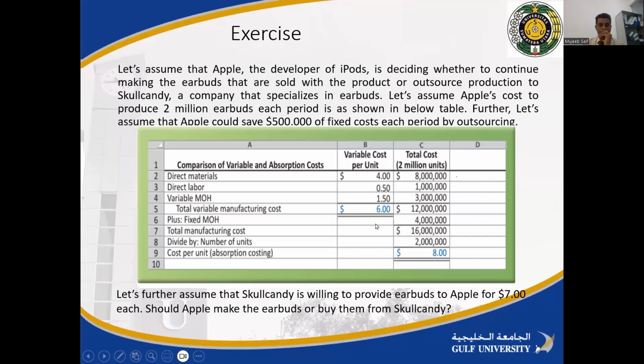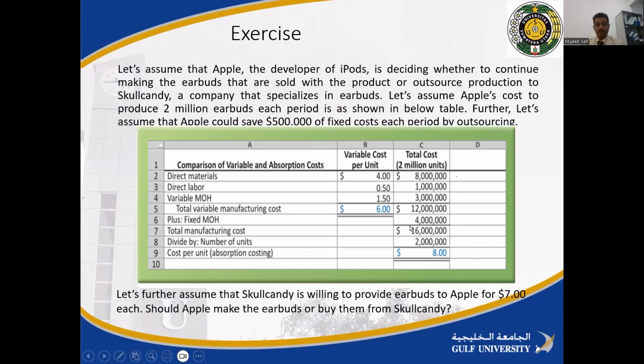If you can see here, Apple uses AirBuds in their organization. The direct material, direct labor, and variable manufacturing overhead cost for each AirBuds: material is $4, direct labor is $5, and this is the variable manufacturing overhead.